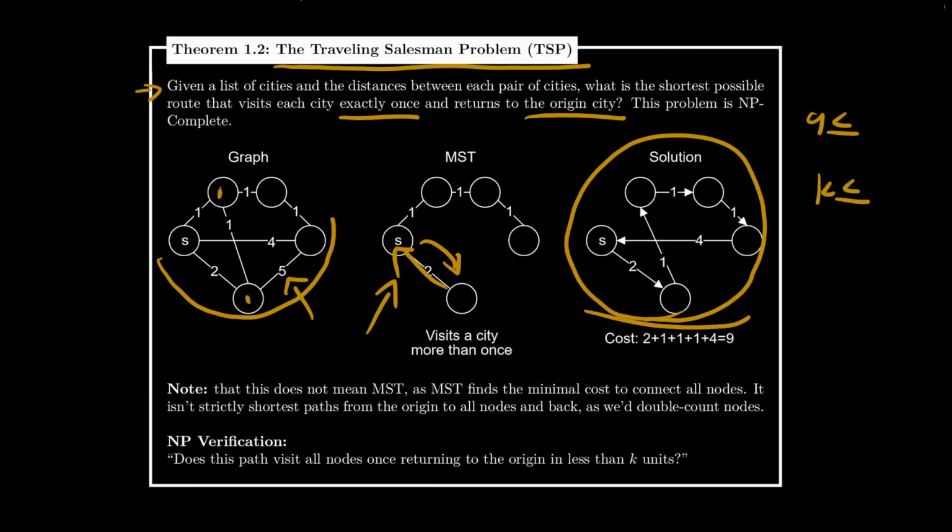That's how we solve NP verification problems. So, does this path visit all nodes once, returning to the origin in less than k units? That's how we write NP verification problems, or specifically for this one. There are other ways to verify problems, but this is a common route to do so. So this is TSP, the traveling salesman problem.